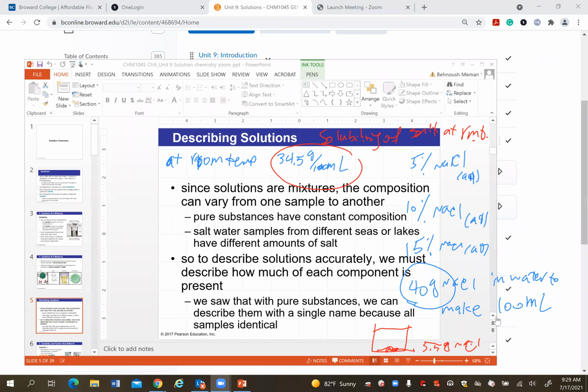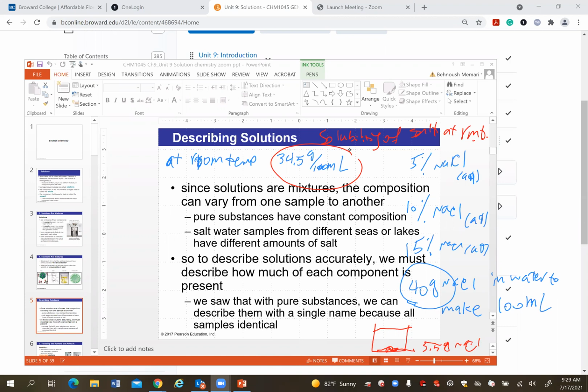We don't know exactly if all 40 gram would dissolve at the higher temperature, at 50 degrees, or some of it would dissolve. All we can say is that more than 34.5 gram would dissolve at 50 degrees, because this is at room temperature. We do need more information to say how much it would dissolve.